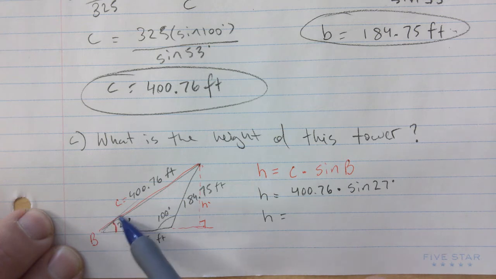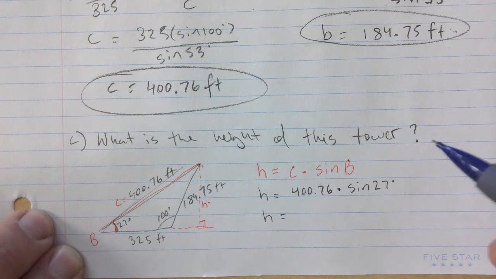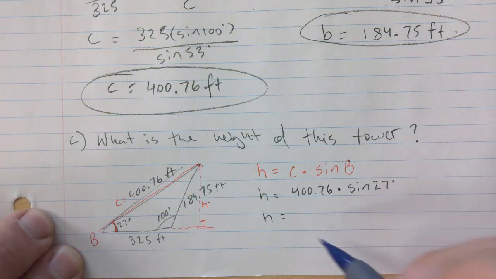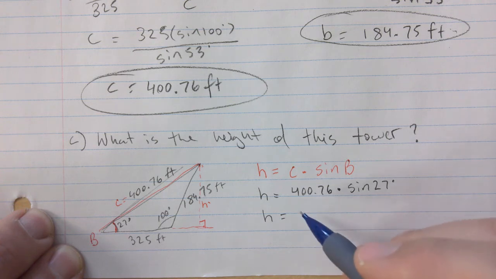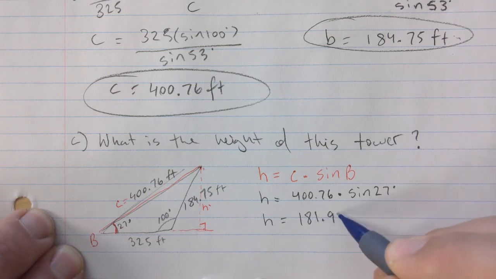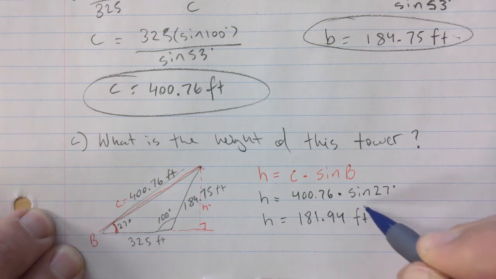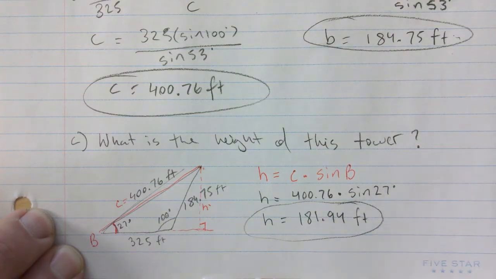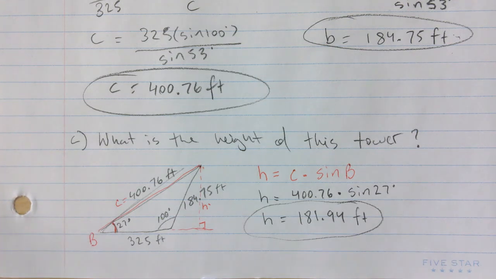You take this side and the sine of the adjacent angle. And in this case, it ends up being 181.94 feet. That's just an aside there.